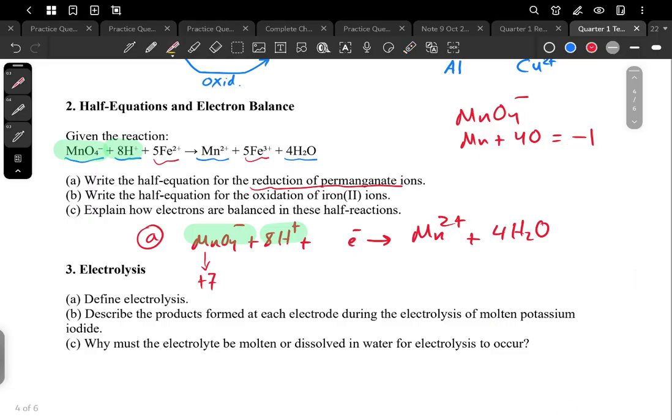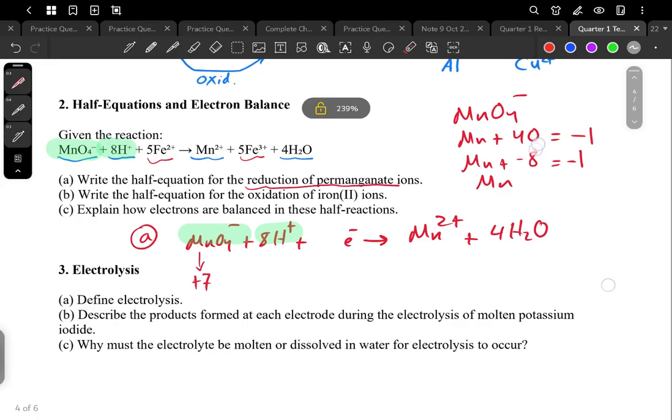Next, Mn plus the oxygen, which has an oxidation number of -2. So 4 multiplied by -2 is -8, equals -1. When you move -8 to the other side, it's 8 minus 1. So the Mn, as I said, has an oxidation number of positive 7.